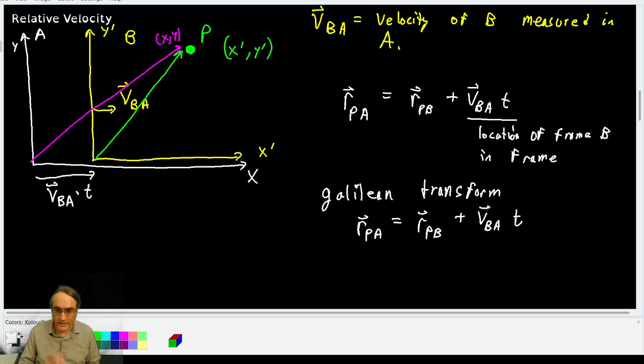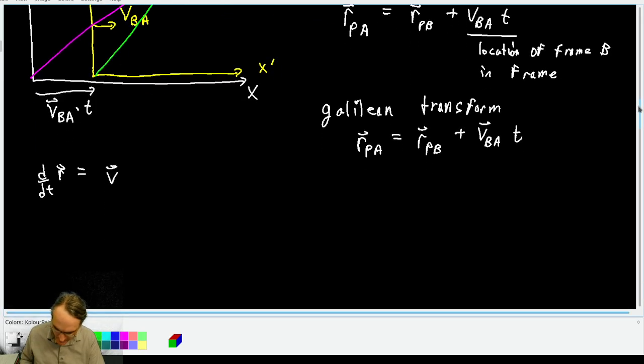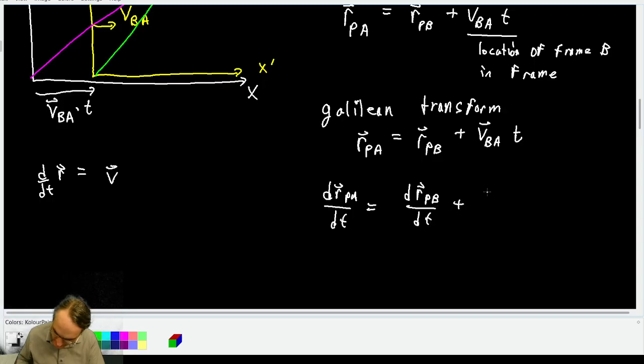All right, well I said relative velocity, and indeed we can take the derivative of this equation. If we do d by dt of the r, we're going to get the velocity. So let's do that. If we take the derivative of this, we're going to have dr_PA over dt, and then dr_PB, the position in reference frame B, over dt, and then we'll be taking d by dt of V_BA times t.